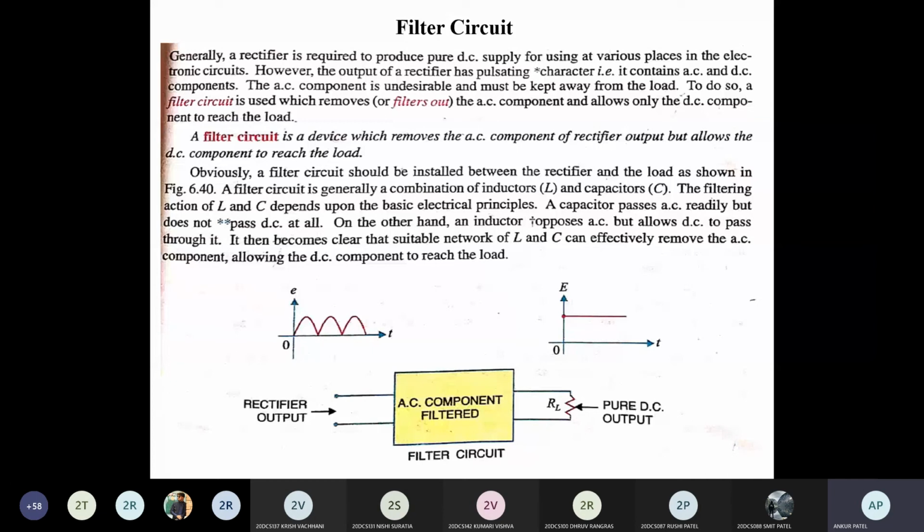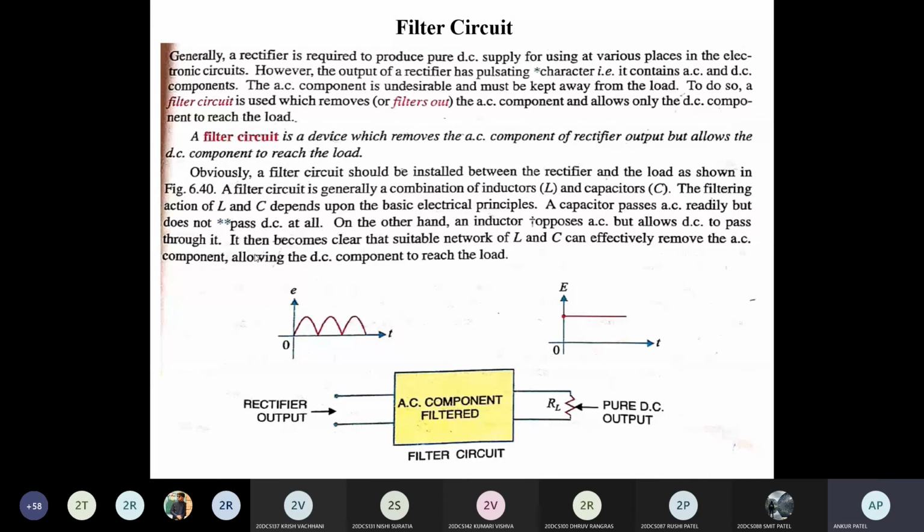Considering the frequency value, the capacitor blocks DC current, whereas the inductor blocks the AC component. So by arrangement of L and C, you can remove the AC and DC components.